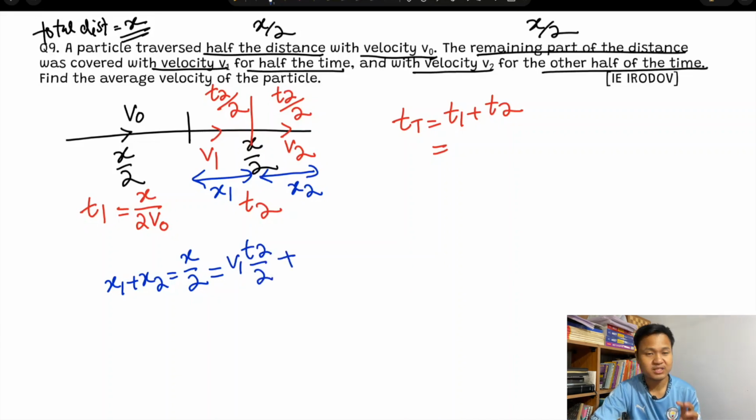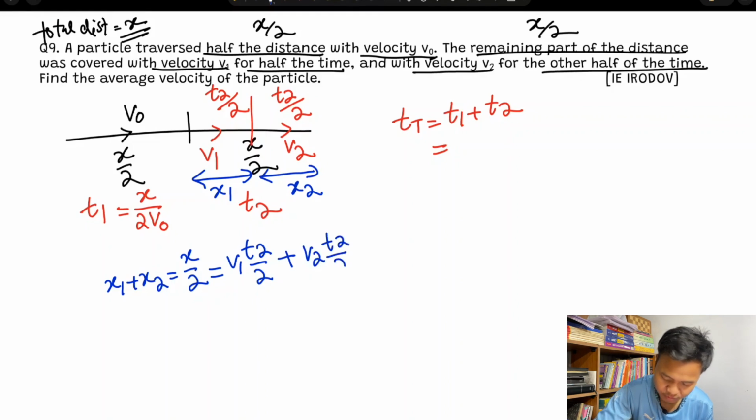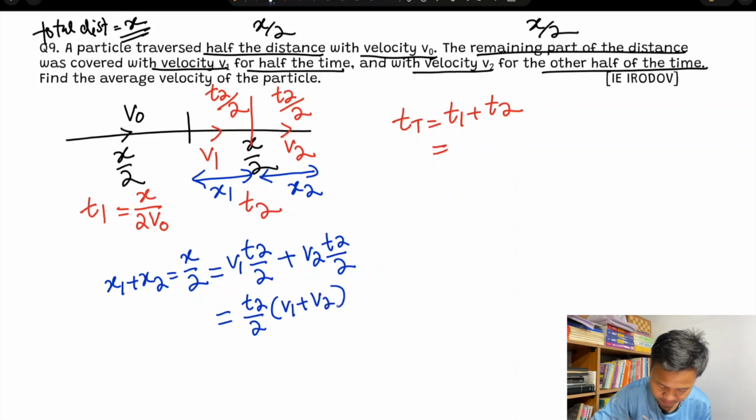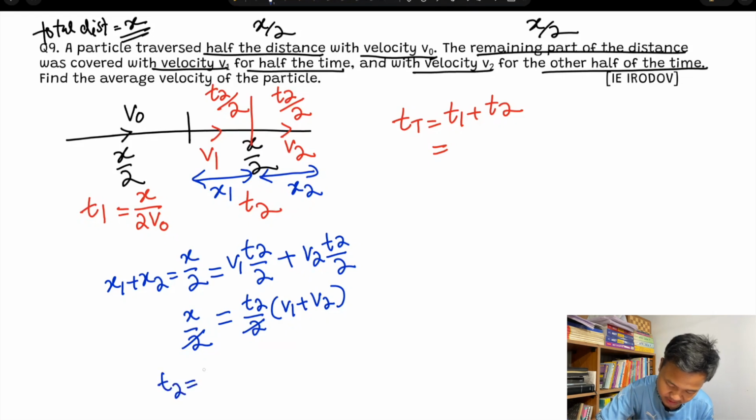What is x2? x2 is v2 into t2 by 2. Solving this, t2 by 2 comes outside and I have v1 plus v2, which is nothing but x by 2. Now 2 gets cancelled out. So t2 is nothing but x divided by v1 plus v2.